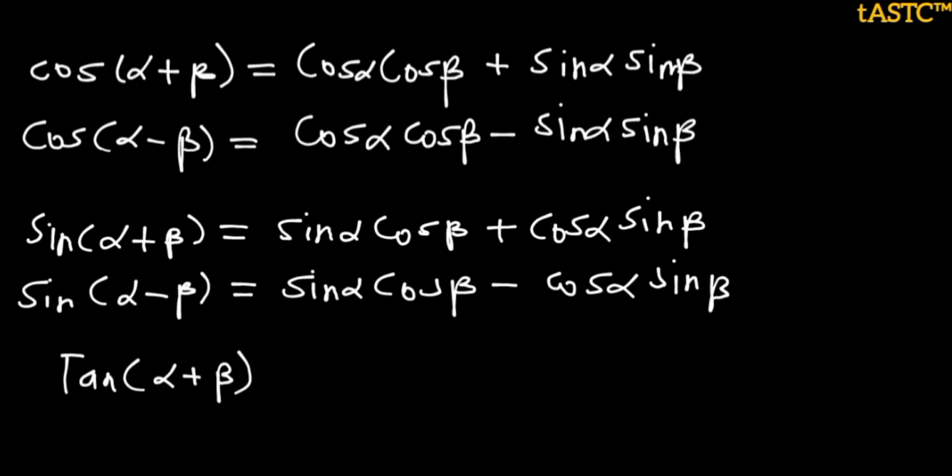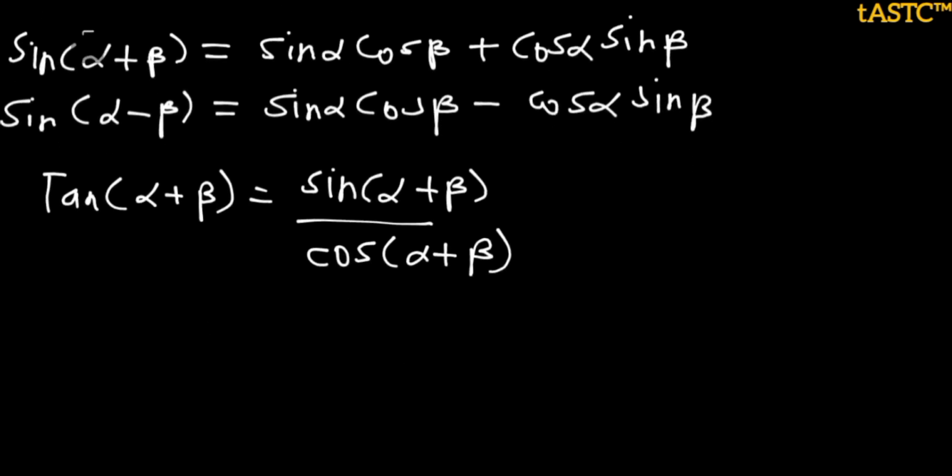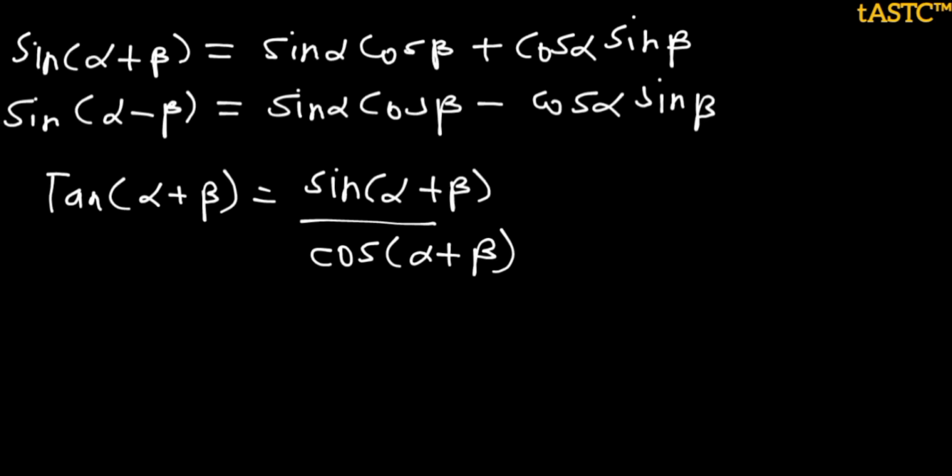The best thing to do is to remember that tan is actually the sine of the alpha plus the beta divided by the cos of the alpha plus the beta. So we need to take the formulas for sine of alpha plus beta divided by cos of alpha plus beta. So this is going to be tan of alpha plus beta.